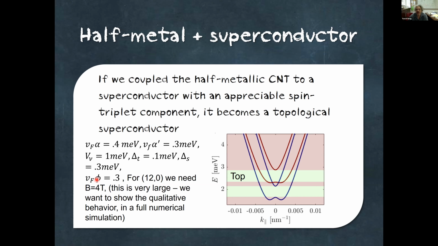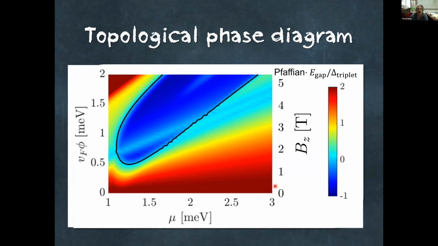So that's just showing that as we change the gate potential, we can tune the system to the half metallic situation. And this is the topological phase diagram when we include the coupling to the TMD, assuming that we have a triplet component in the TMD, which is similar to the singlet component in this 0.3 milli-electron volt.